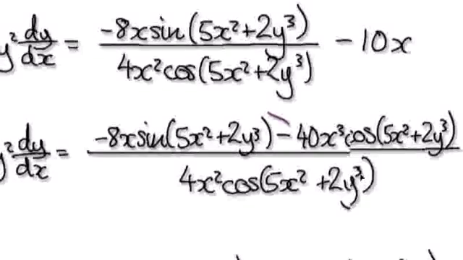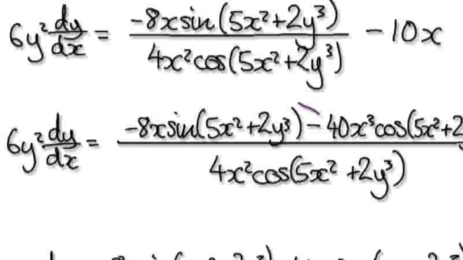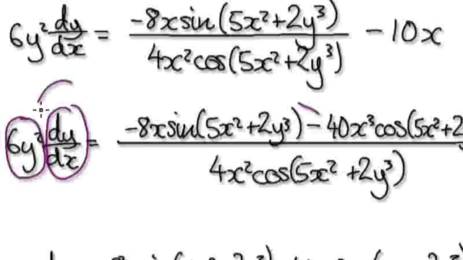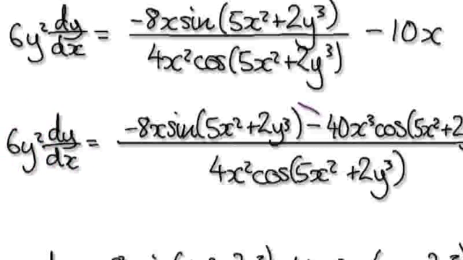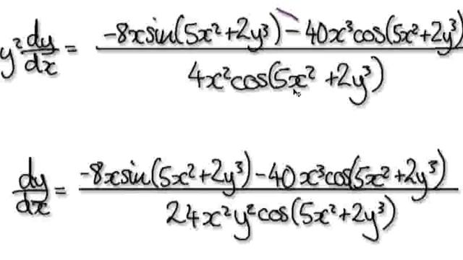And then the next step is to divide both sides by this. At the moment you've got this times this here. So the next step is to divide both sides by 6y squared. If you divide by 6y squared, it will give you this here.